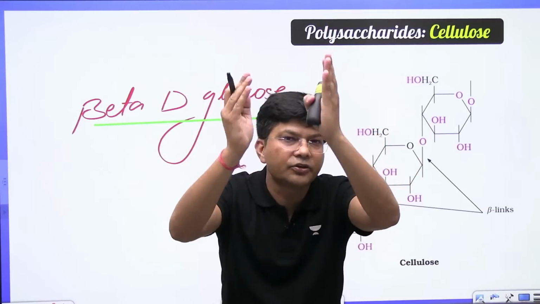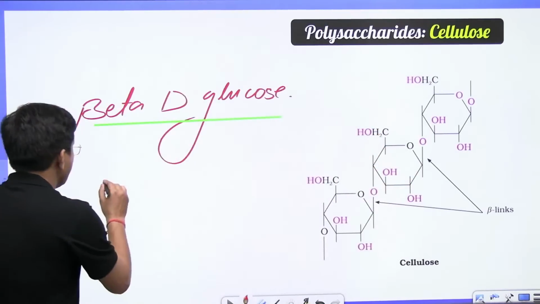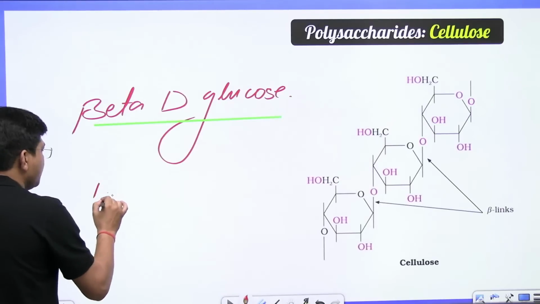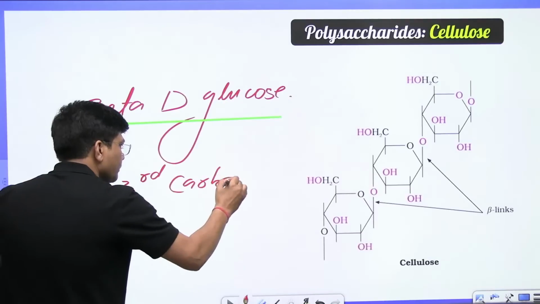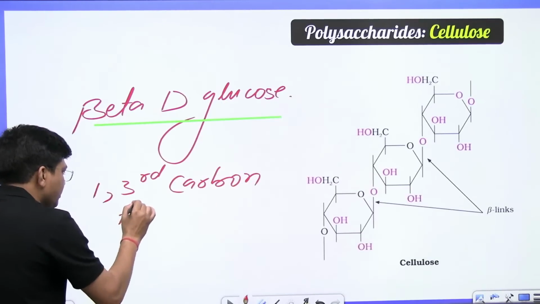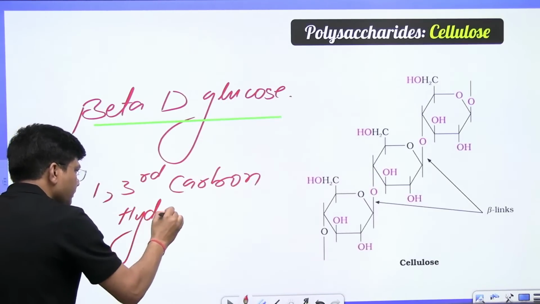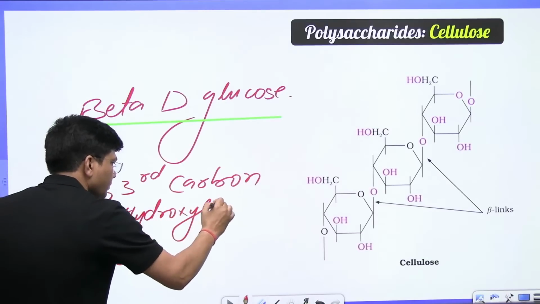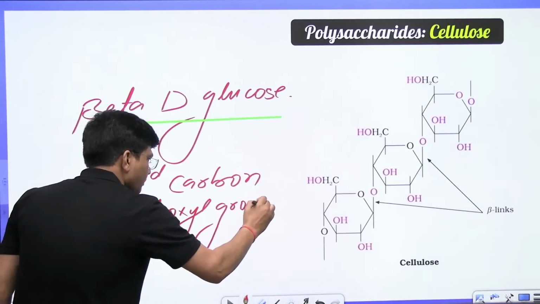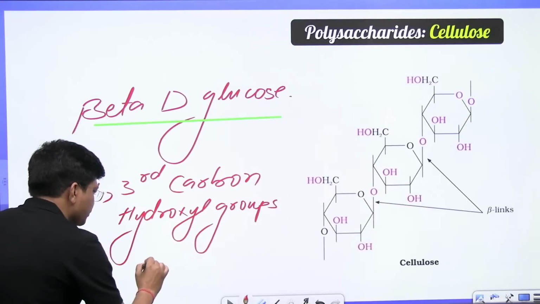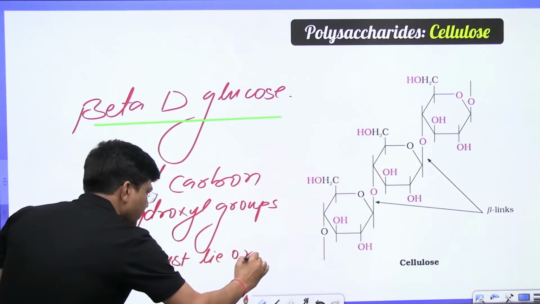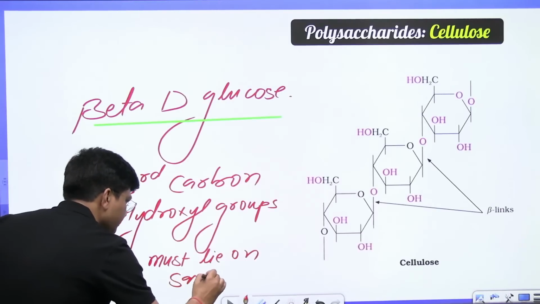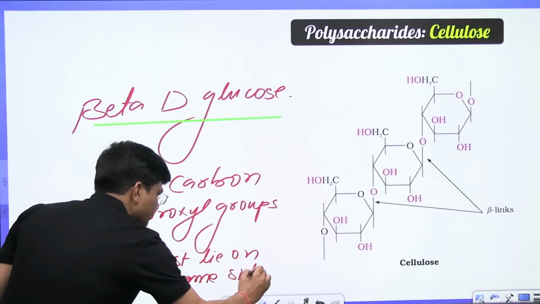The first and third carbon OH, that is hydroxyl group, must lie on the same side. Am I right? Just do let me know in the chat.